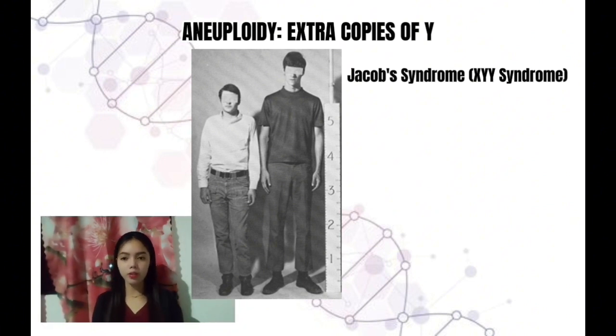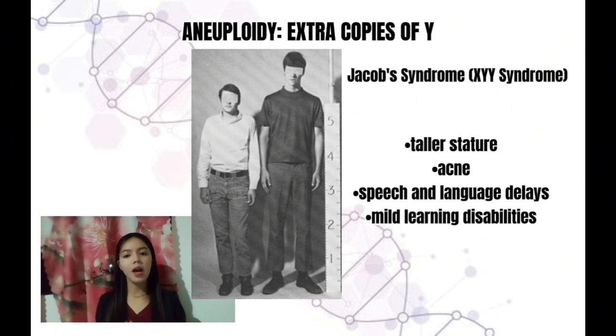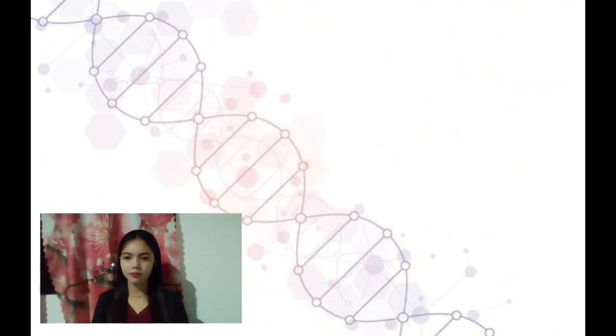Most individuals with Jacob syndrome do not have any noticeable physical differences or health problems. However, some may experience taller stature, acne, speech and language delays, and mild learning disabilities.